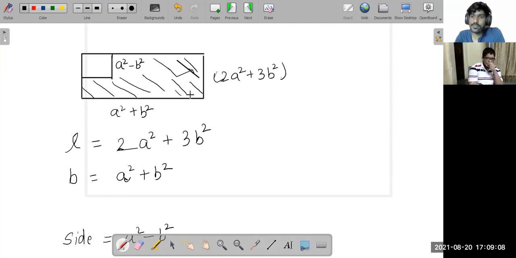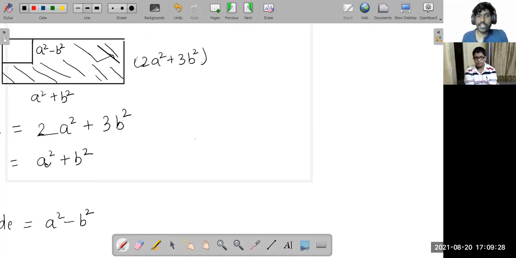Is this clear? Yes, sir. So how will you find out the area of this remaining portion? We have to find the area of the whole rectangle, then subtract the area we don't want, the area of this square. Correct.